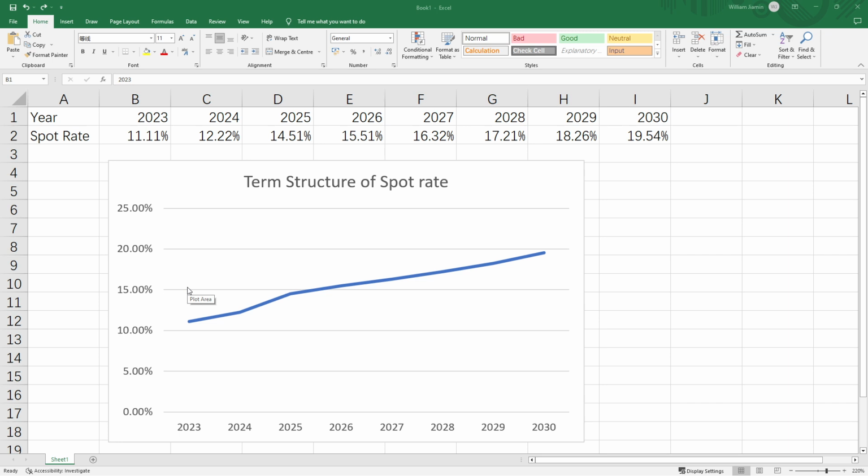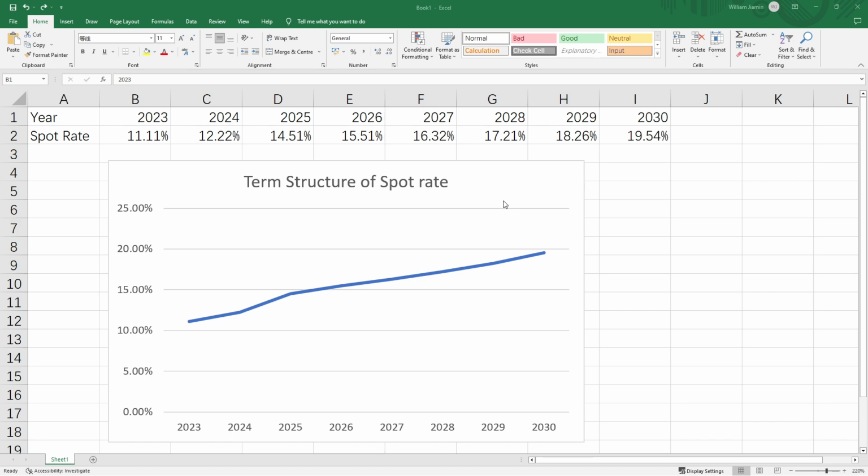I use that just for you guys to know that if you're taking the CFA exam, you might get this kind of yearly spot rate data in order to confuse you, but don't worry, you can just change that to year 1, year 2, just to change that to maturity.